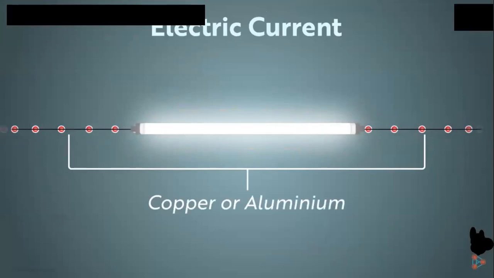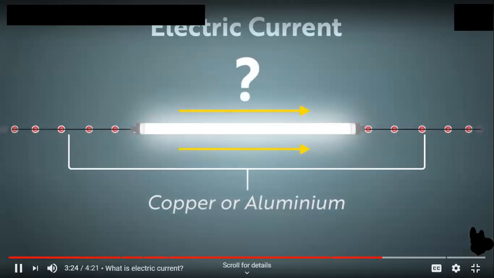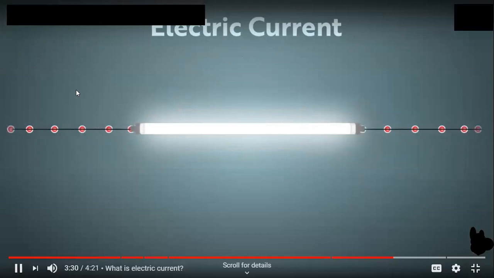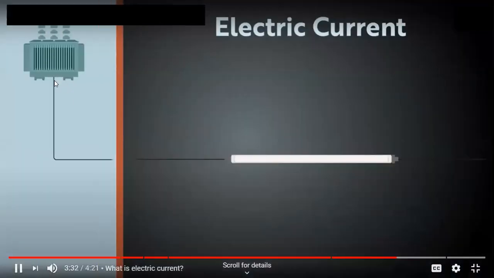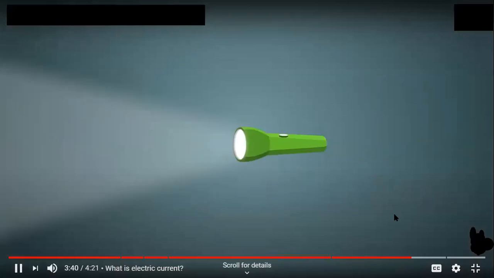The wire is made up of copper and aluminum. Have a look at that. Why are they moving in one direction? Because of the inverter, or you can say the switchboard, which is the source of the electric current, and as you switch on, the current starts flowing in one direction.